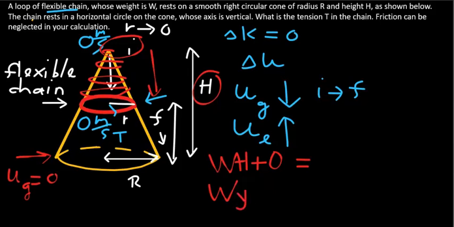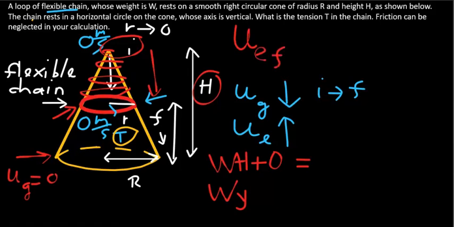Now the elastic potential energy. Elastic potential energy there is obviously non-zero because the flexible chain now is stretched. It is stretched because of the effect of tension. So that means you can write the elastic potential energy at the final state. The magnitude of that must be the same as the work done by the tension. So tension times the displacement or the amount of stretch of that elastic chain.